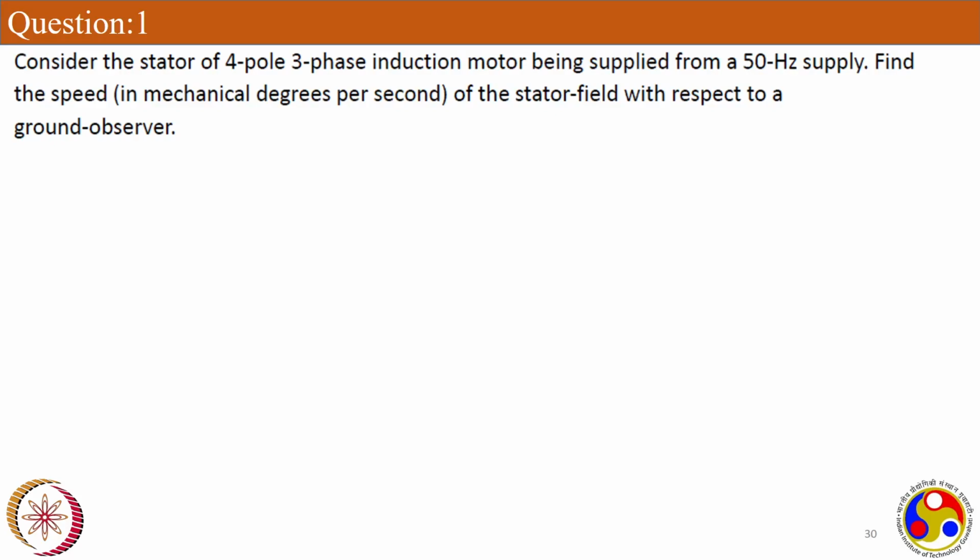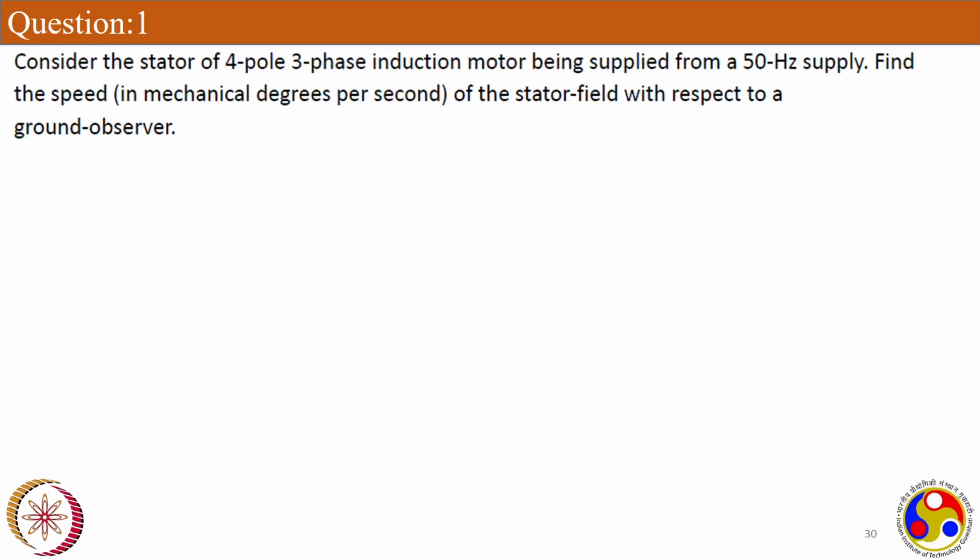For the RMS value of the EMF per coil group, we got some 100 volts. Now you need to calculate the number of coil groups, all connected in series. So number of poles, 60 degrees. Now we need to calculate the number of coil groups for each pole.